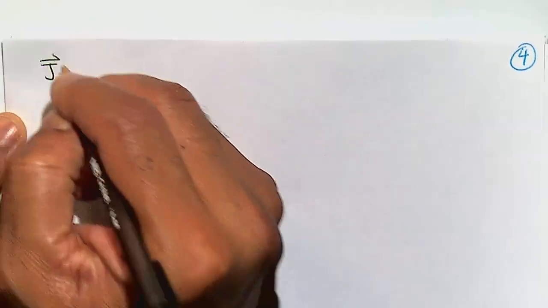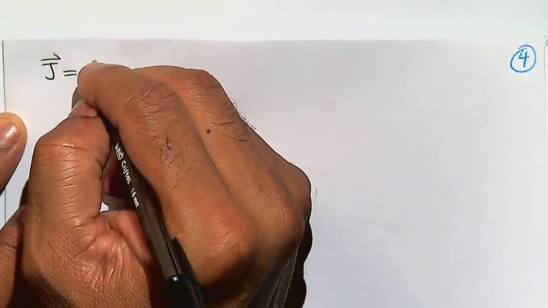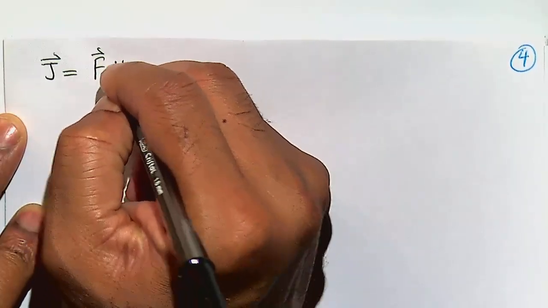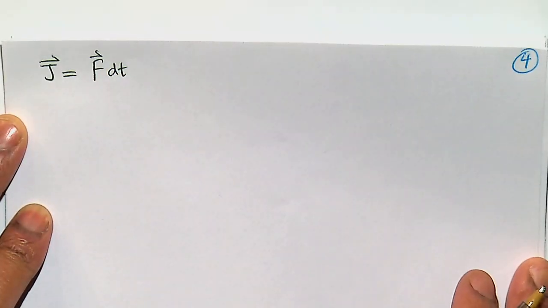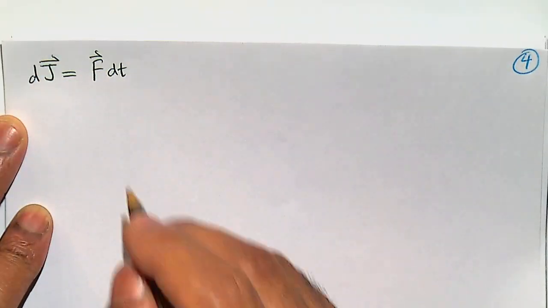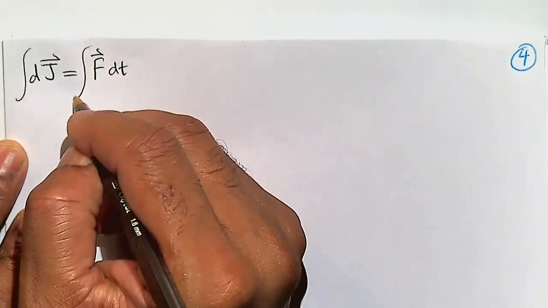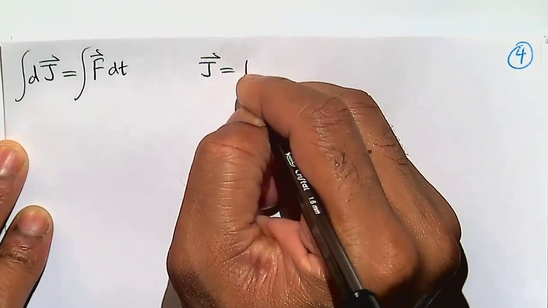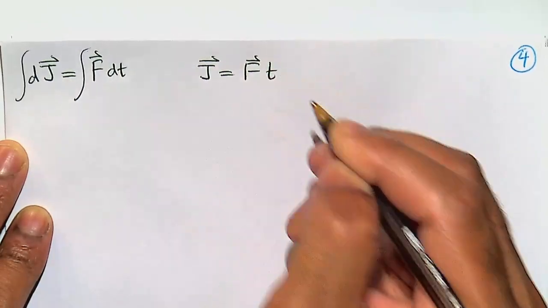So impulse is force times some period of time, right? Technically it's a little bit of impulse. Ideally you're integrating this, but if you want to say impulse is force times time, you can do that.